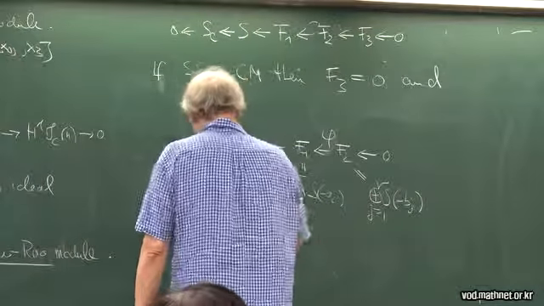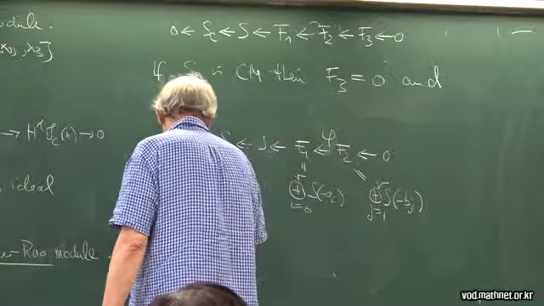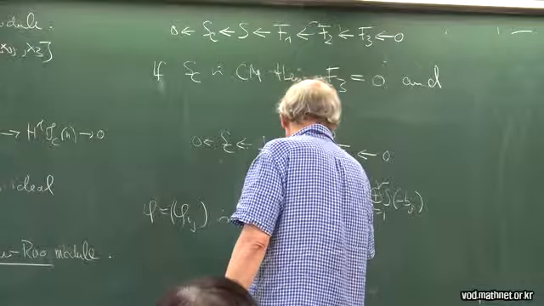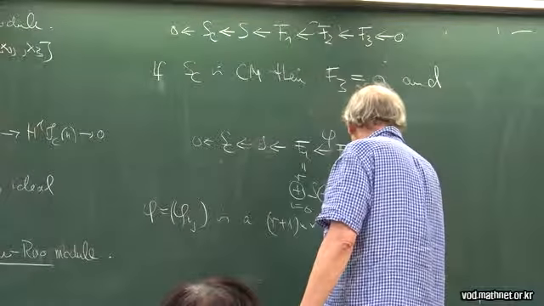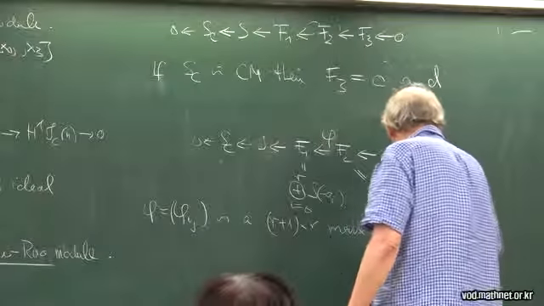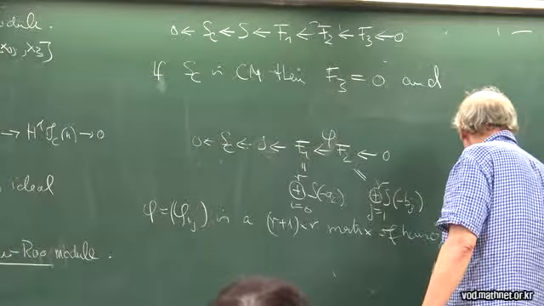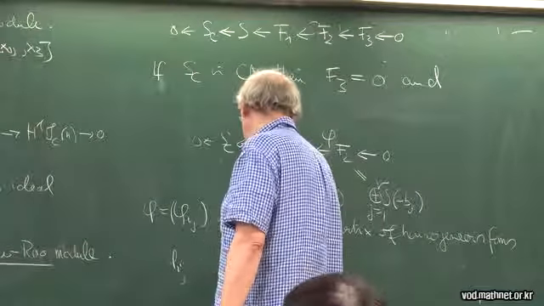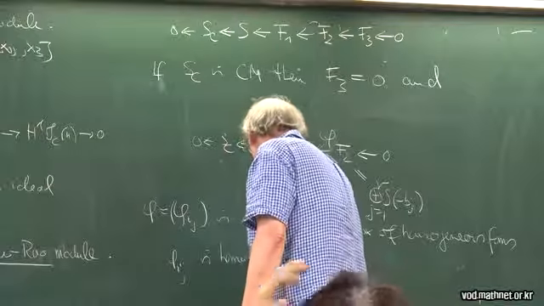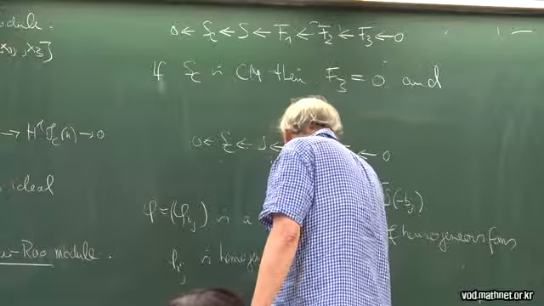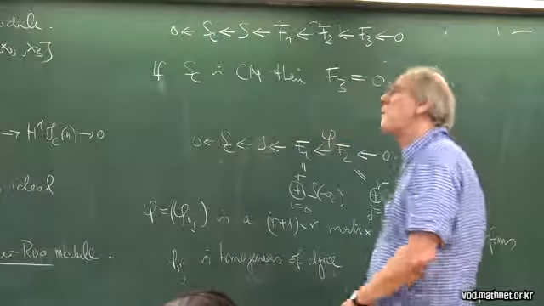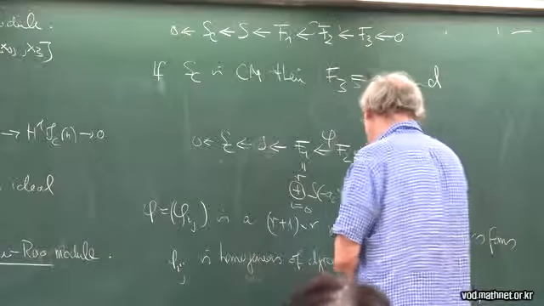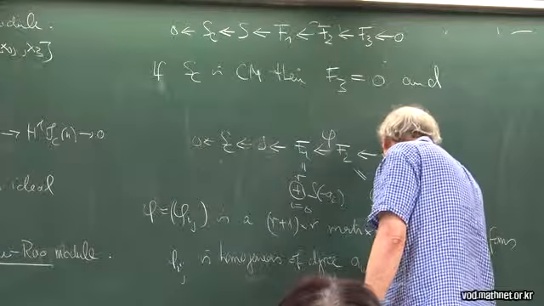So this matrix phi, phi_ij, is an (r plus 1) times r matrix of homogeneous forms. Phi_ij is homogeneous of degree a_i minus b_j.